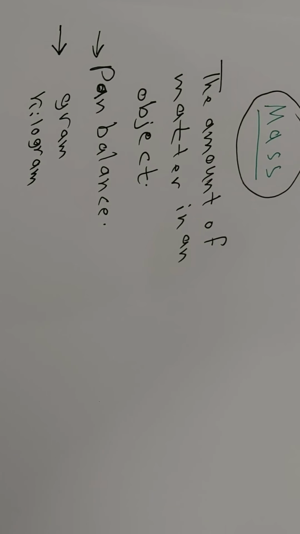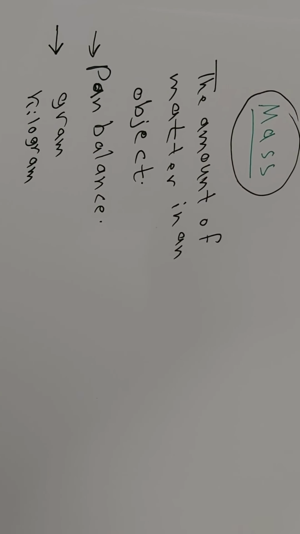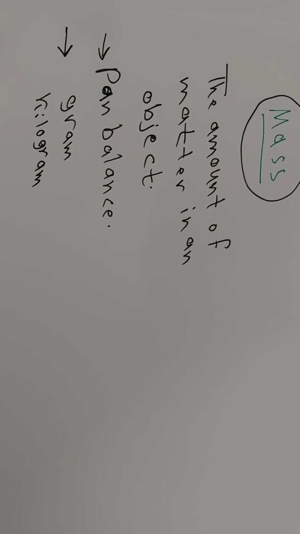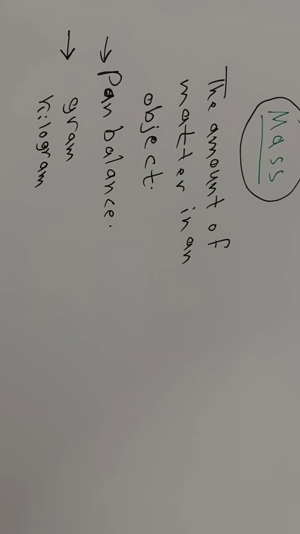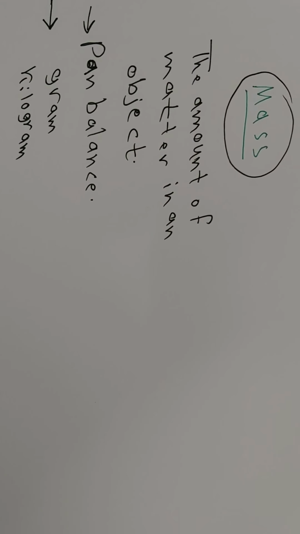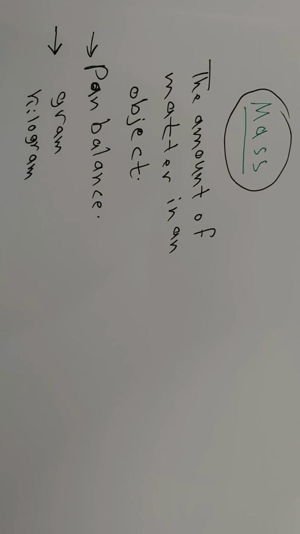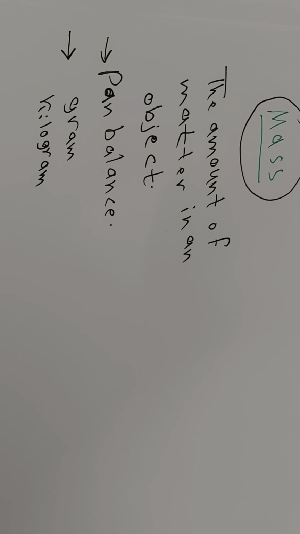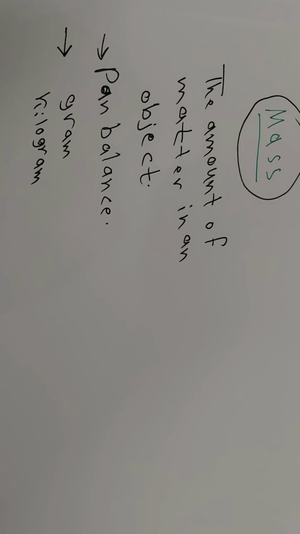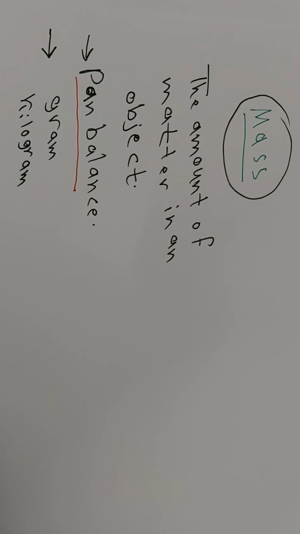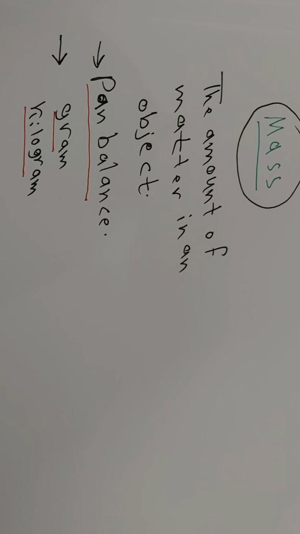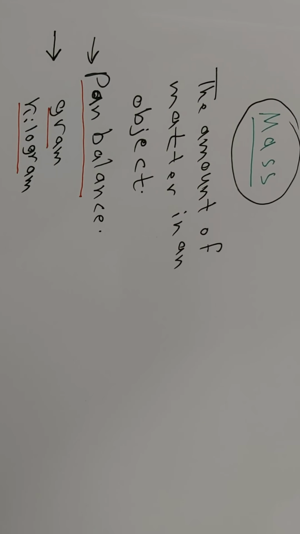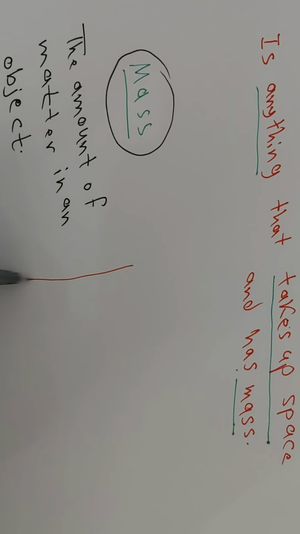So we use grams and kilograms as units of mass. These are universal units. Other units like ton and pounds are not included in your book. So what is mass? The amount of matter in an object, measured with a balance, in grams and kilograms. Easy till now.